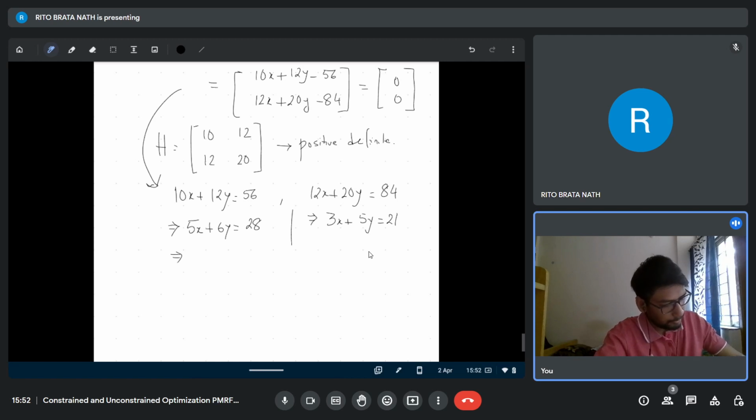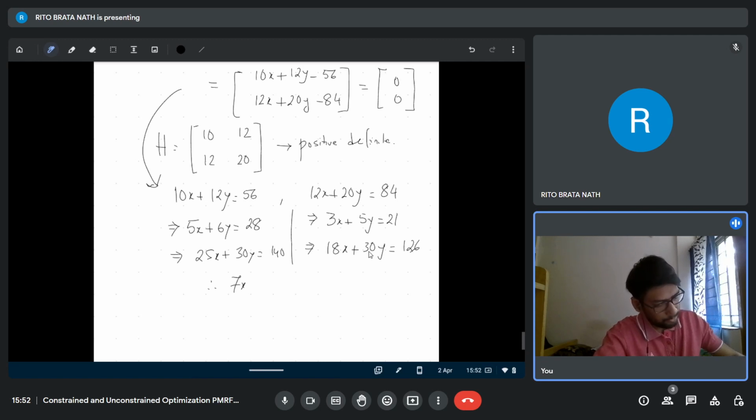So you can now multiply with 5: 25x plus 30y equals 140. This becomes, multiply it by 3, 18x plus 30y equals 126. Therefore, just subtract those two. 7x equals 14.